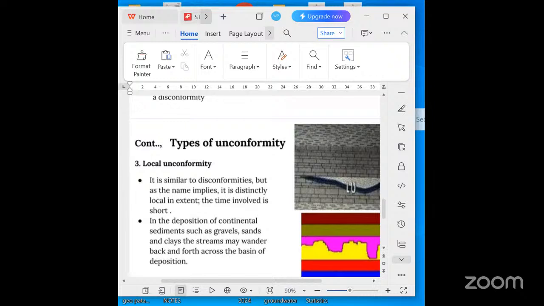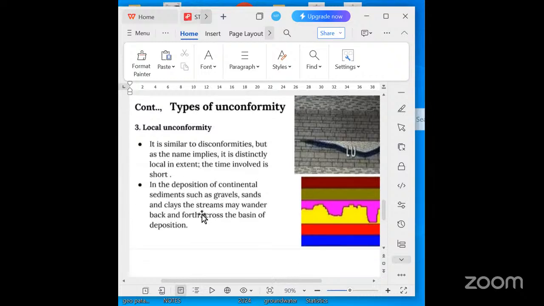During the deposition of continental sediments, such as gravels, sands and clays, the streams move back and forth across the basin of sedimentation. During flood time, these streams scour out channels which may be many feet wide and deep. As the flood recedes, the channels are filled up again with sediments, right?